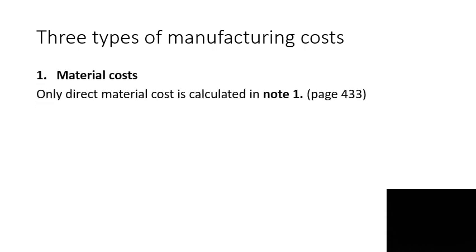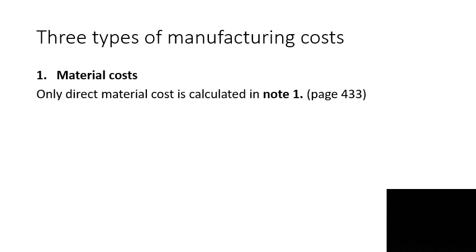Now, these manufacturing costs are divided into 3. We were looking at departments. Now we have three main types of costs, which are material costs.